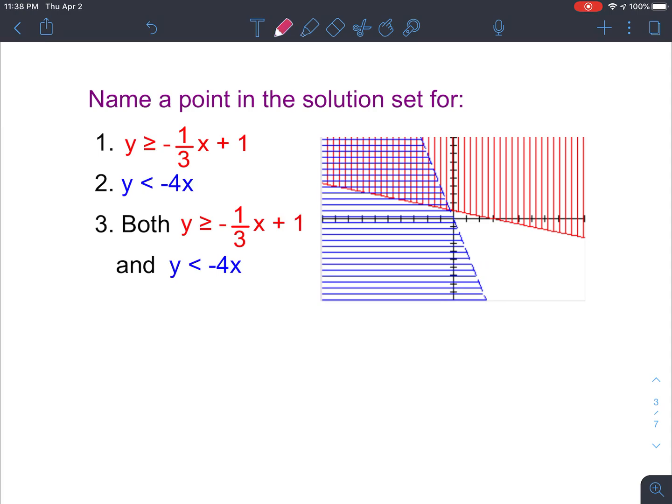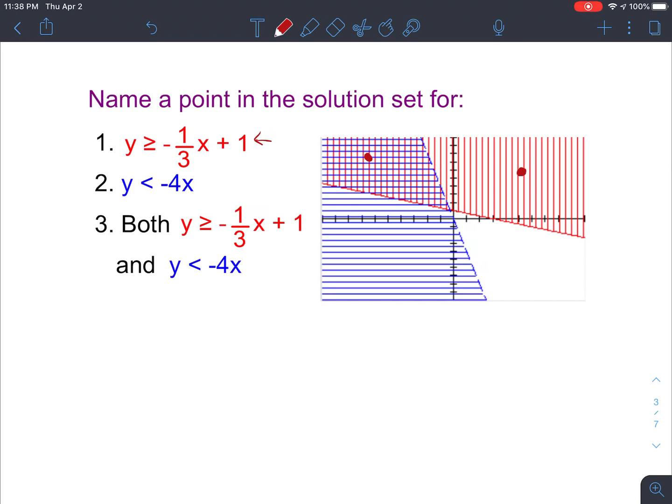Well, we know that anything in this red section is a solution to the red equation. So I could plug this point into this equation and get something true. We also know that anything here is also a solution to the red equation because it is still in the red area.